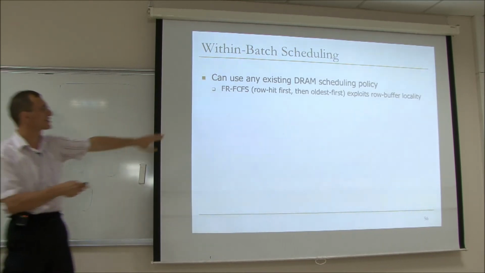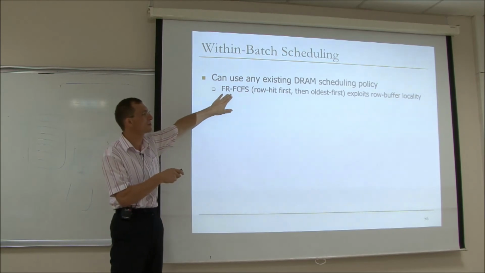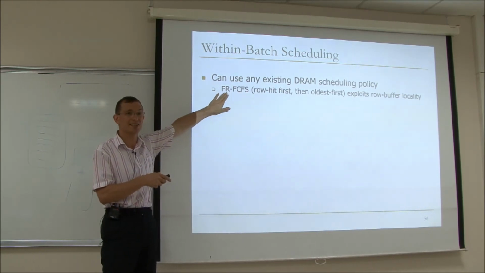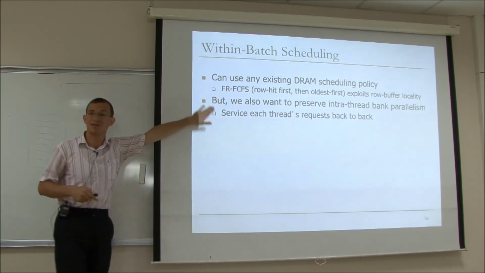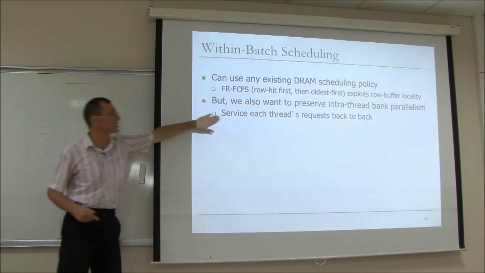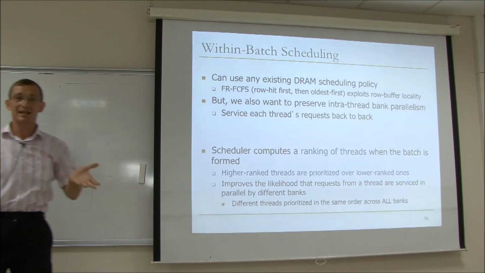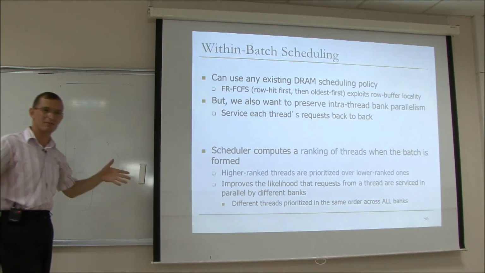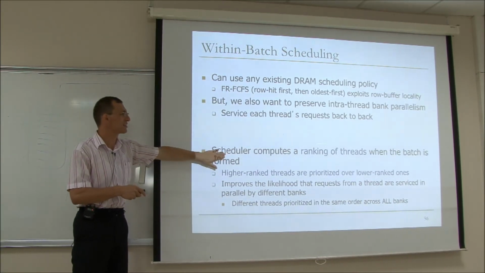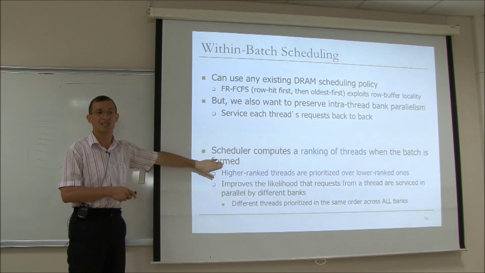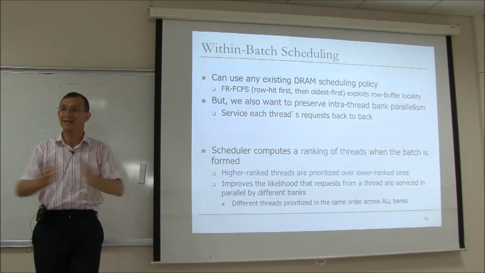For example, you can use FR-FCFS, row-hit-first scheduling, which exploits row buffer locality. But we also want to preserve intra-thread bank parallelism, so we want to service each thread's requests back to back. Right? And the idea to do this, as I briefly told you earlier, is to compute a ranking of threads when the batch is formed. When you form the batch, you also rank the threads somehow.